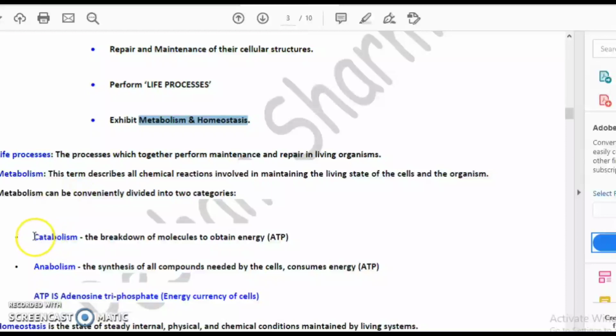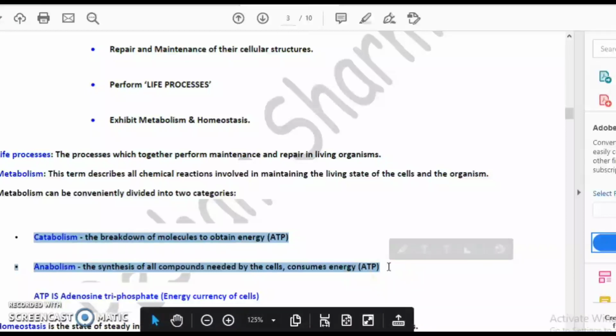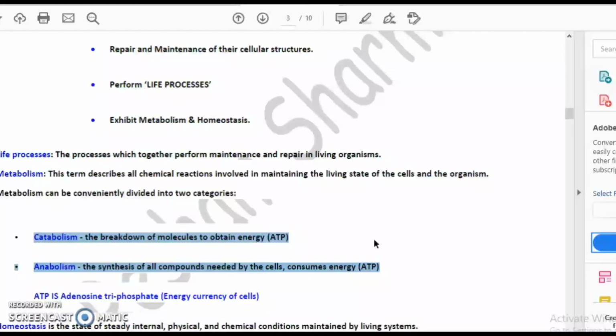Of course, the chemical reactions in metabolism are essentially of two types. They are catabolic or anabolic. If a molecule of big size and molecular weight and density is broken down to smaller molecules to release energy, that is the breakdown or the catabolic reaction.